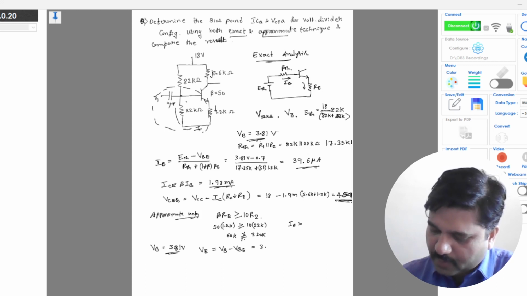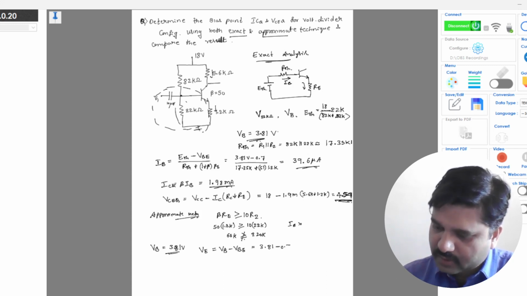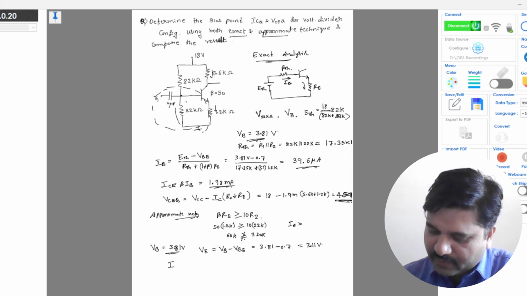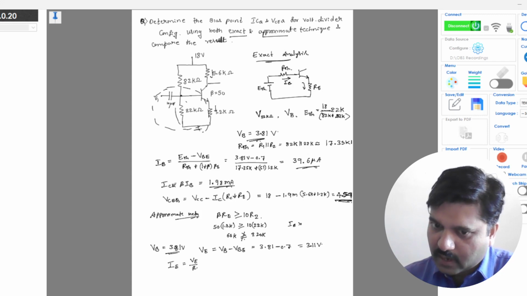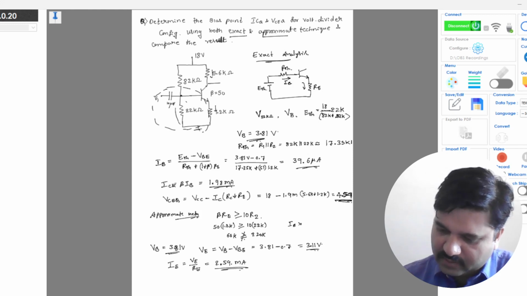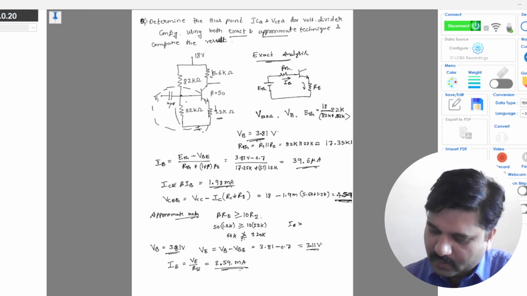So this is 3.81 minus 0.7, you will get 3.11 volt. So this is VE. Once you get VE, you can calculate IE, which is VE by RE, that is 3.11 volt and RE is 1.2 kilo, so you will get 2.59 milliamps.